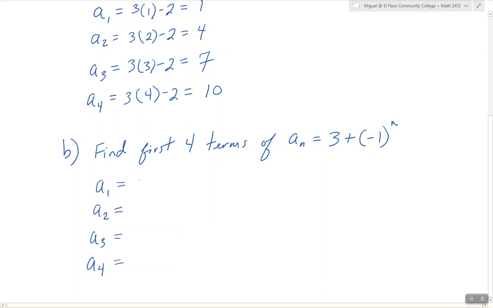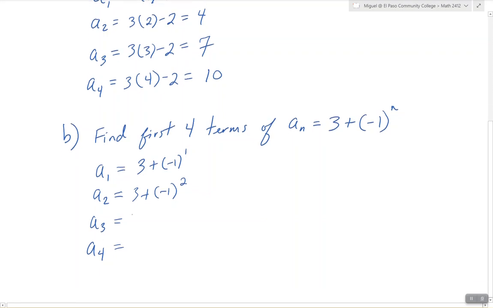So we have 3 plus negative 1 to the 1 power, right? When n is 1 for this one. And then 3 plus negative 1 to the n is 2 for this one. And then n is 3. And n is 4.